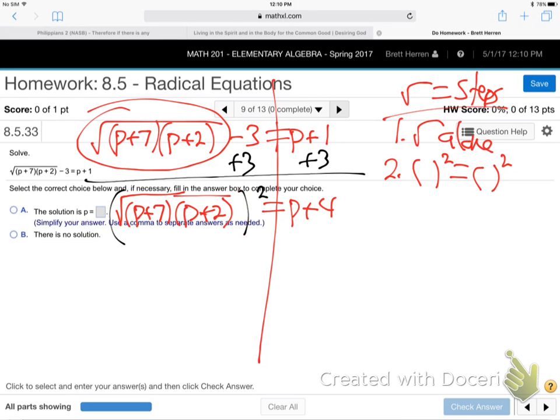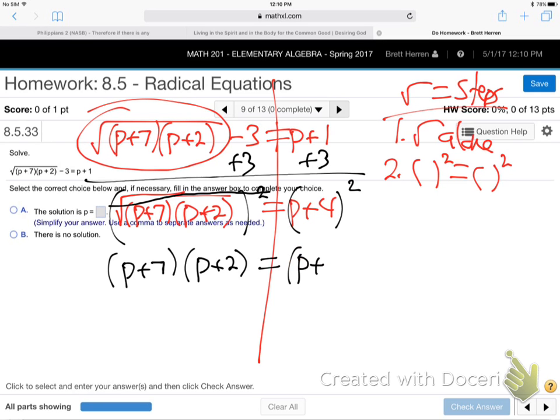The root cancels squaring. Is that good? The root just cancels out the 2 power.